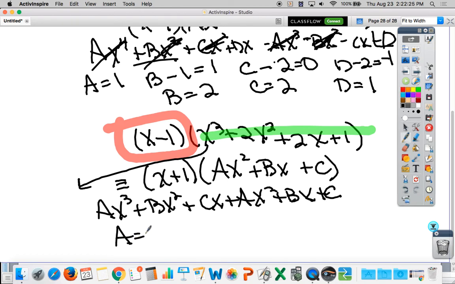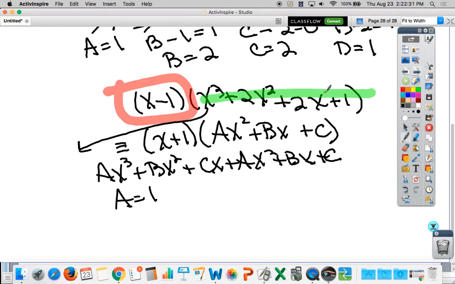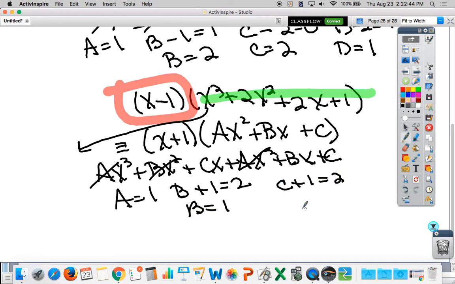So my A is 1. I'm looking at this now. I'm not looking at the quartic. I'm looking at the cubic. So B plus 1 equals 2. B equals 1. C plus 1 equals 2. C equals 1.